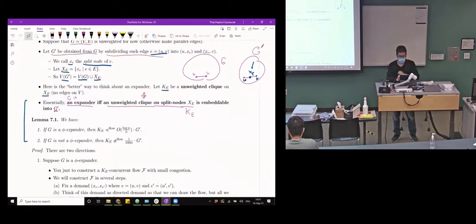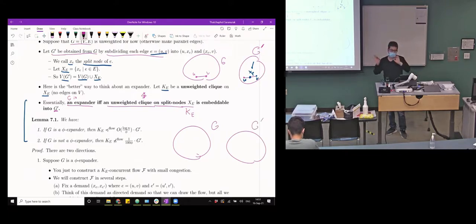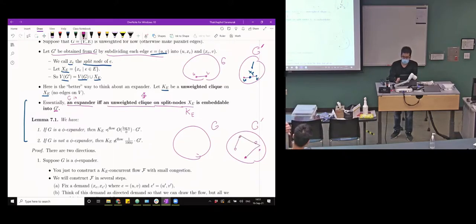So you have a graph G, and you think of graph G prime. It's just better to think about G prime. Look at this graph G prime, and look at all the split nodes. If you can embed a clique between split nodes, then that graph is an expander.